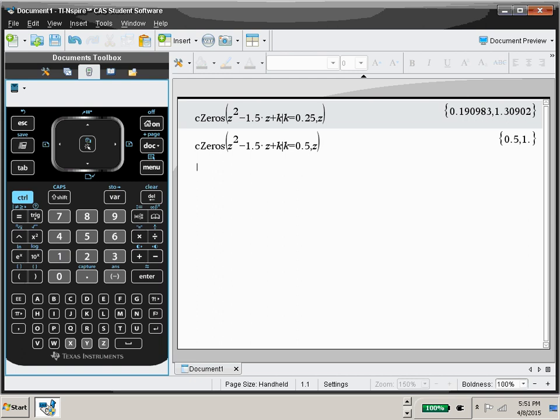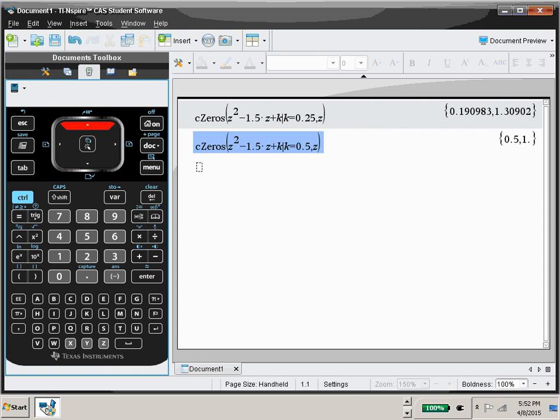So I plugged in k equal 0.25, and I said, comma, the variable that I'm solving for is z, hit return, and I get the 0.19 and the 1.31 with k equal to 0.25. If you plug in k equal to 1/2, now we've moved to z equal 1 and z equal 1/2. Is that clear? Can I continue to do this?